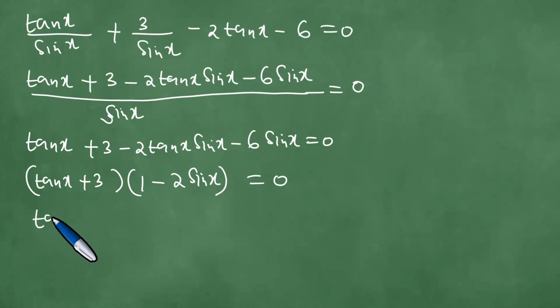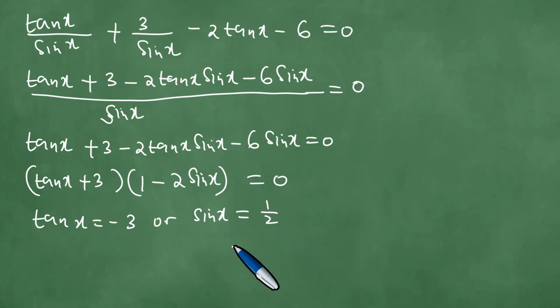And this means that tan x is minus 3, or it means that sin x is 1/2, as shown there. Okay, now this is what we have.